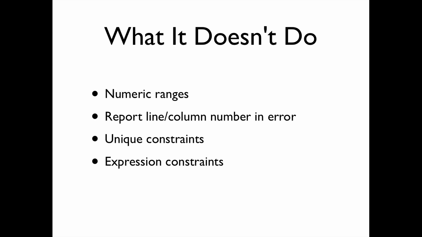So it has notation for paths within JSON that you're validating, but it doesn't have any notion for paths within patterns. It doesn't have any unique constraints. In other words, can't validate that if I have an array of objects and there's some field on the object, that field is unique within that array. And you can't have arbitrary expression constraints.